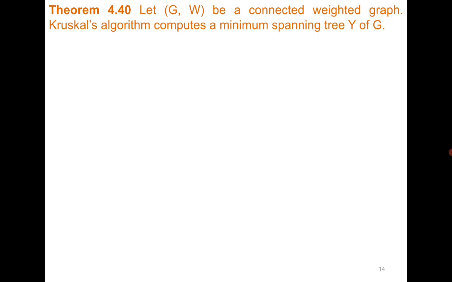Why? So let us assume that Kruskal's algorithm computes the spanning tree y, which is not minimum. So we are starting with a contradiction.